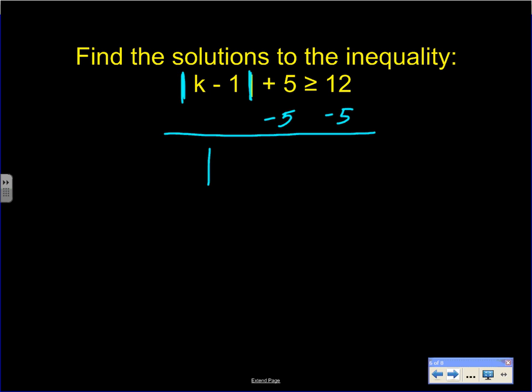So we're left with the absolute value of k minus 1 is greater than or equal to 7. K minus 1 is greater than or equal to 7. And so now you can solve this one here. I've just given you a few examples there. Go ahead and solve that one out. I will go ahead and pause the video. I'll work it out, and you can check your solution when I'm done.